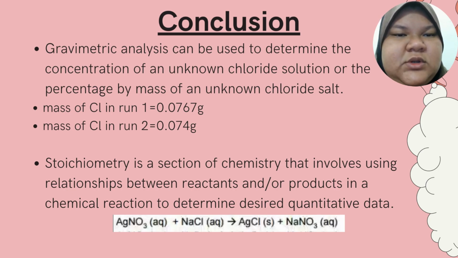Stoichiometry is a section of chemistry that involves using the relationship between reactants and products in a chemical reaction to determine desired quantitative data. The equation for this experiment is: silver nitrate solution reacts with sodium chloride solution to produce silver chloride solid and sodium nitrate solution.